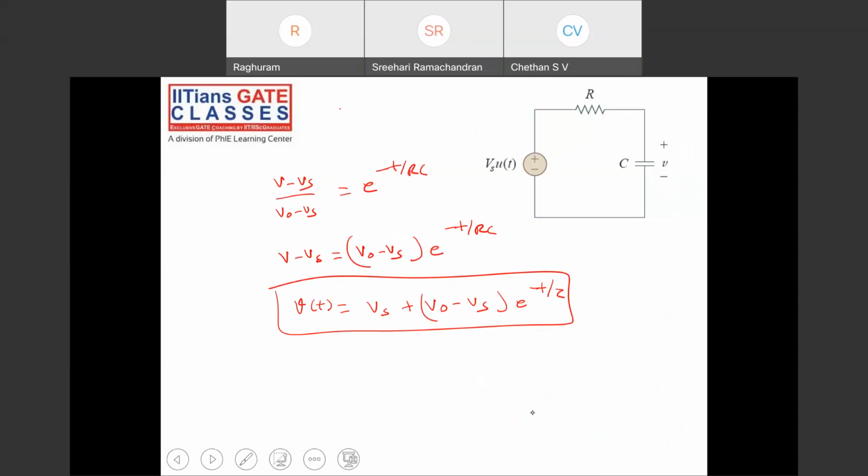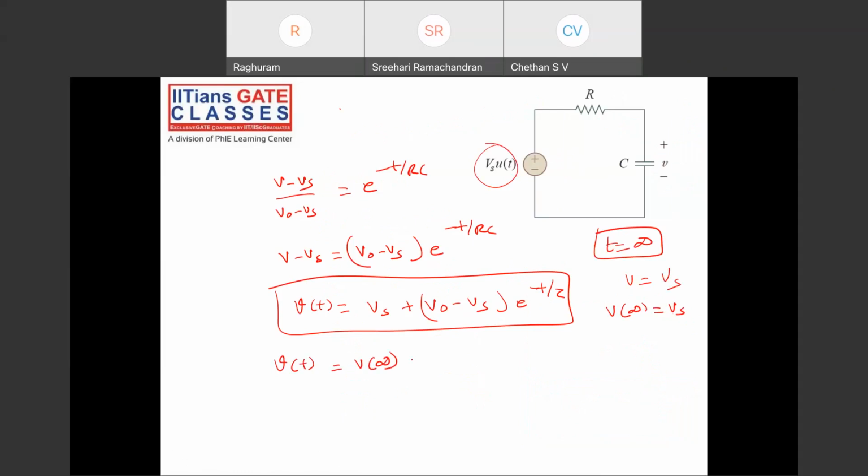So what is Vs? Vs is nothing but the source voltage. At t is equal to infinity, what happens? It's a steady state. V will become Vs. So V of infinity is nothing but Vs. So V of t can be written as V of infinity plus V of 0 minus V of infinity into e power minus t by tau.